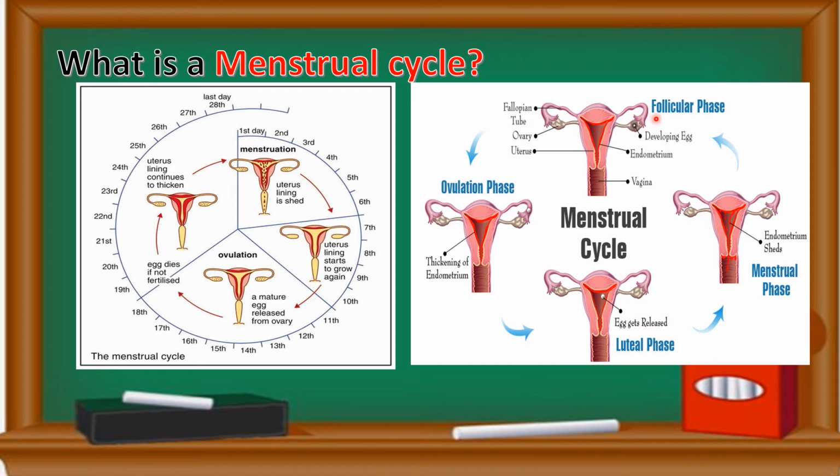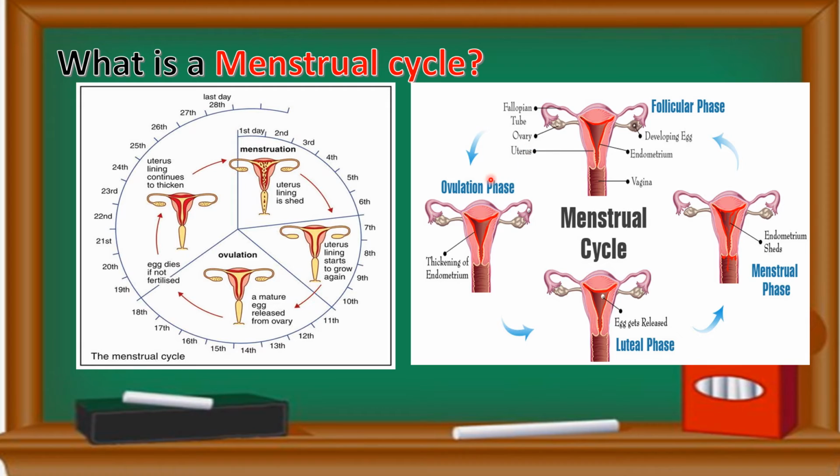Next is your follicular phase. In the follicular phase, the endometrium again starts to thicken, and the ovary is developing the egg. There's a follicle that protects the egg.